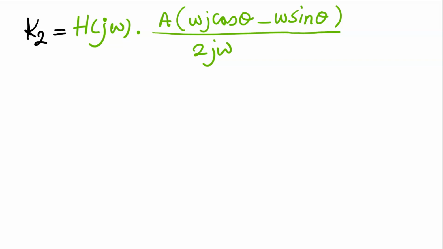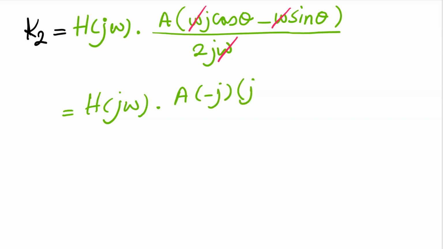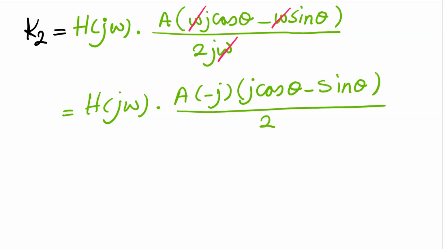Now what I can do is that I can cancel out this omega from both numerator and denominator, and then I'm going to have h of j omega multiplied by, I will bring this j into numerator, and it will be minus j multiplied by j cosine of theta minus sine of theta. And in denominator I have 2.